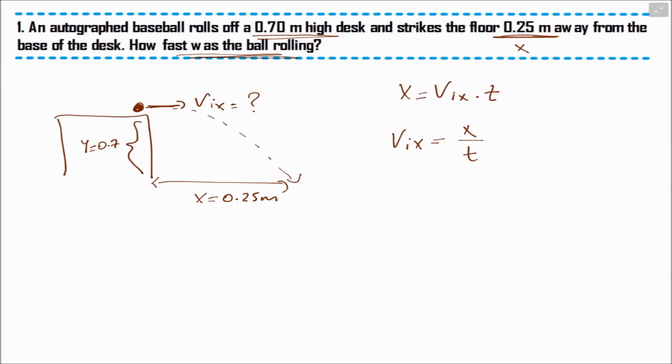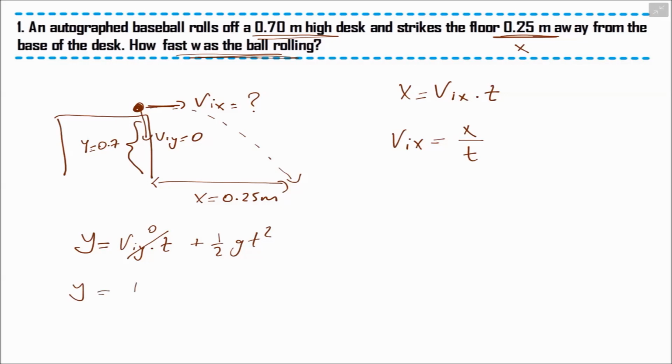So we need to calculate the time, and we will calculate it with the y component. We have v initial y here, and that is 0 because it's rolling along the x component. So I will use the formula y equals v initial y times t plus half g t squared, and initial y is 0, so this will be 0.